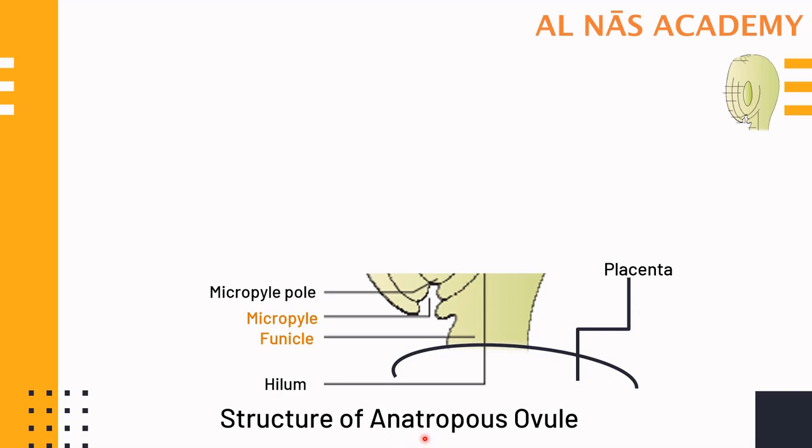In angiosperms, the most common type we know is the anatropous ovule, and in the anatropous ovule, the micropyle pole is directed downwards, and it is lying adjacent to the funicle.